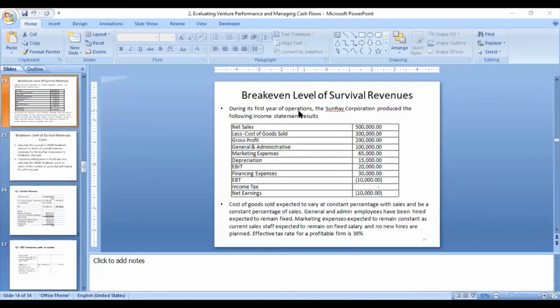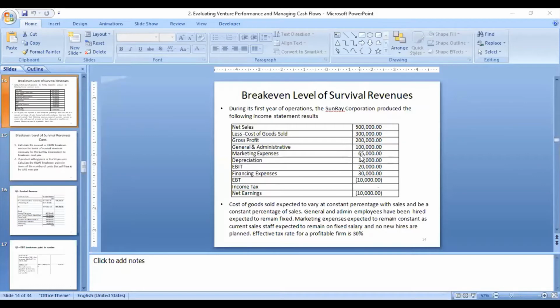Here, what you have to do is calculate the variable cost revenue ratio. Then you can identify cash fixed cost, like general administration cost and marketing expenses. What are the other cash costs?